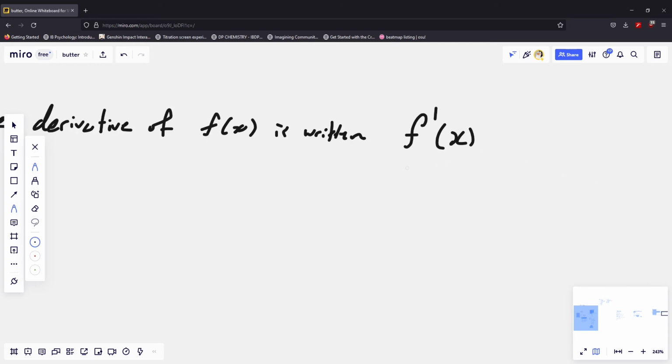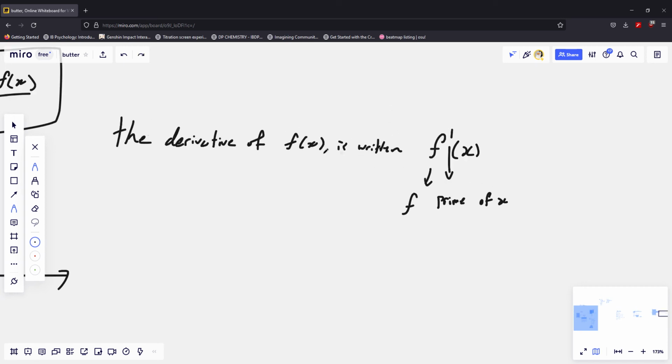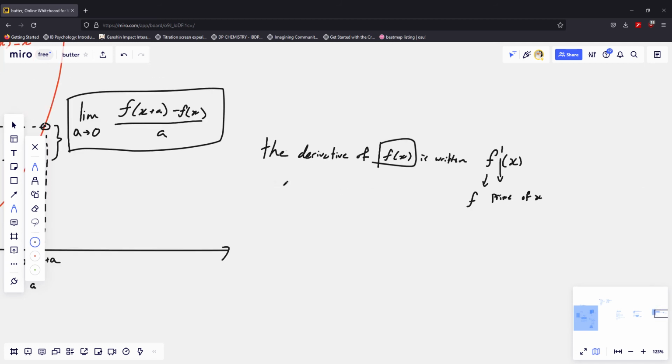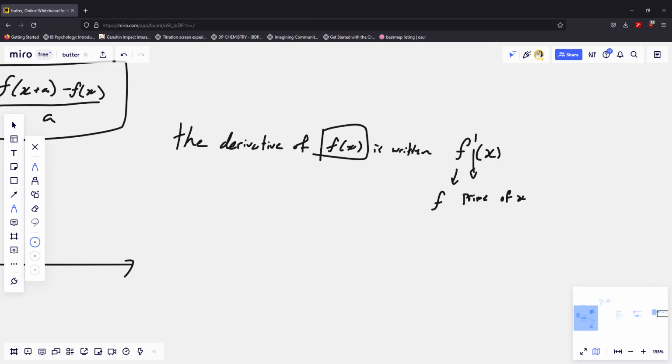Now, the way you say this is f prime of x. So, say it with me, f prime of x. This is f of x, and this is f prime of x. And that's it. The f prime of x is the derivative of f of x.